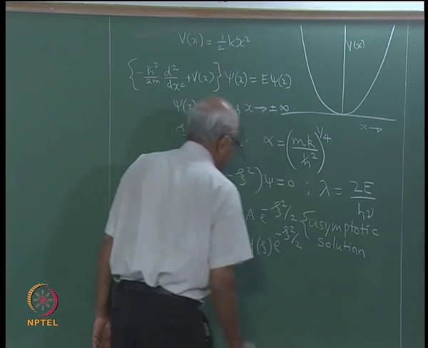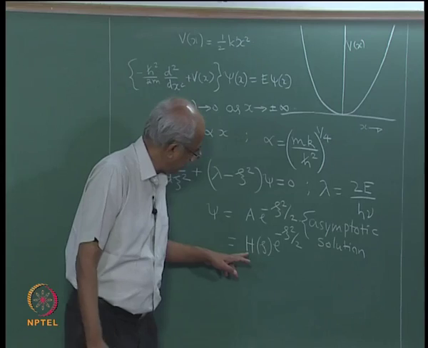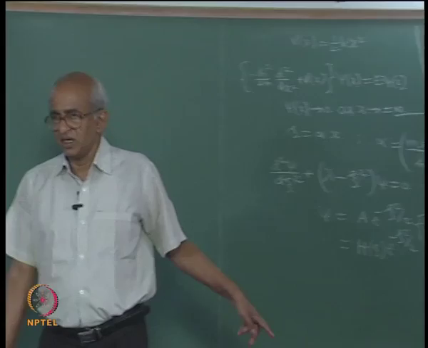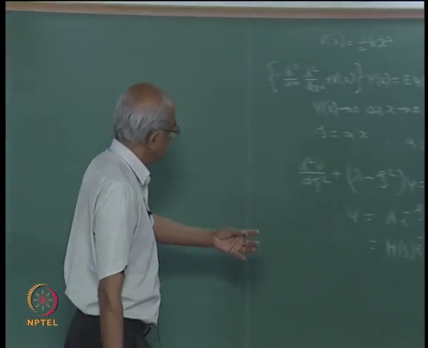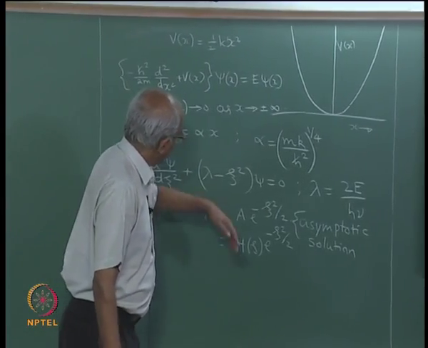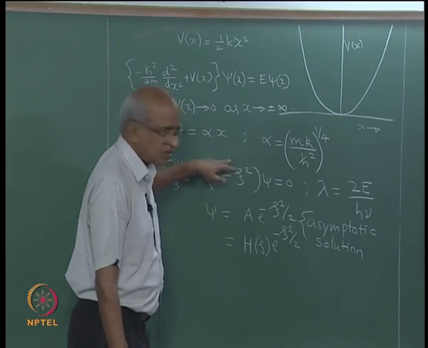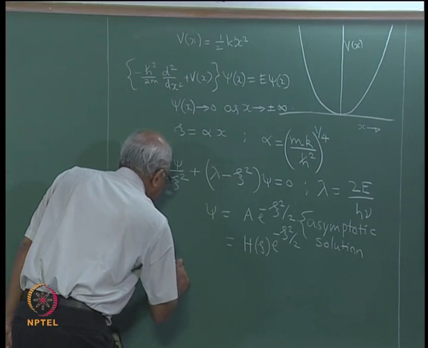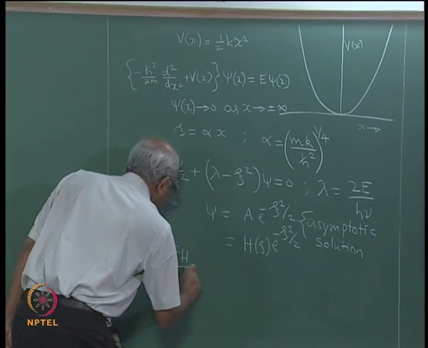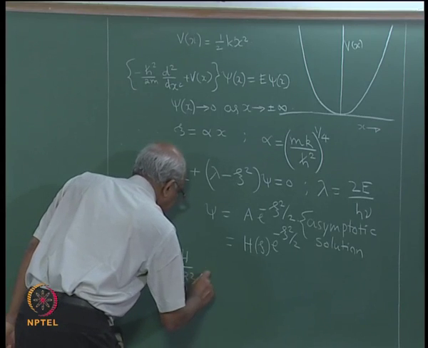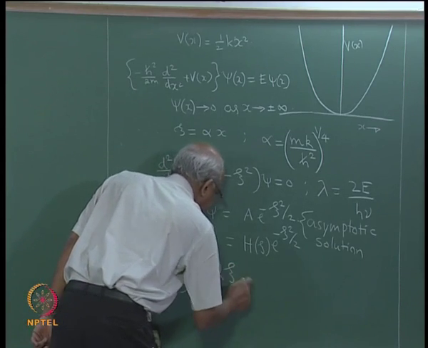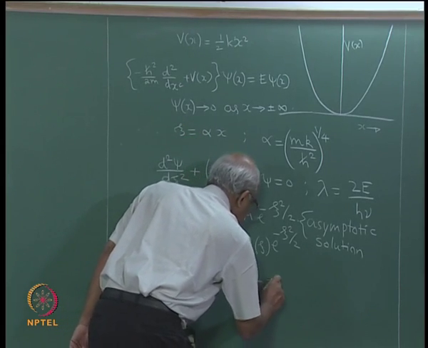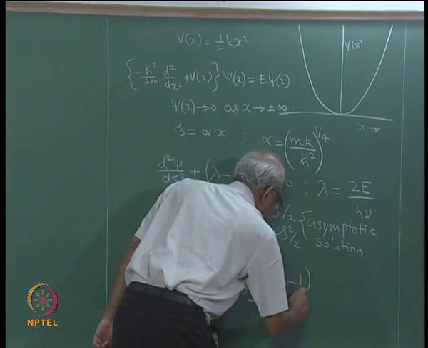This is the way we will write the solution, and then our problem is to determine the function h of c, and for that what we did was we took this functional form, substituted that back into this equation, and we arrived at an equation for h, and that equation is d square h by d c square minus 2c dh by dc plus lambda minus 1.